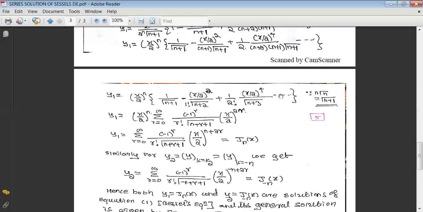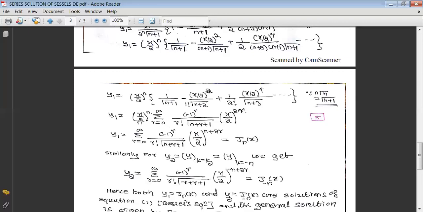That means the above expanded form can be put in the simplest form of a summation like this: summation r varies from 0 to infinity, minus 1 raised to r divided by r factorial, into gamma of n plus r plus 1, into x by 2 raised to 2r.